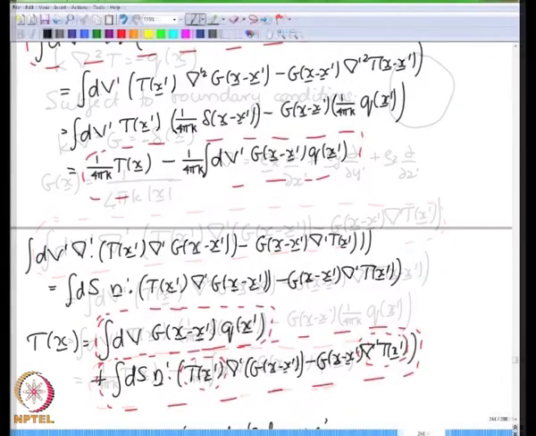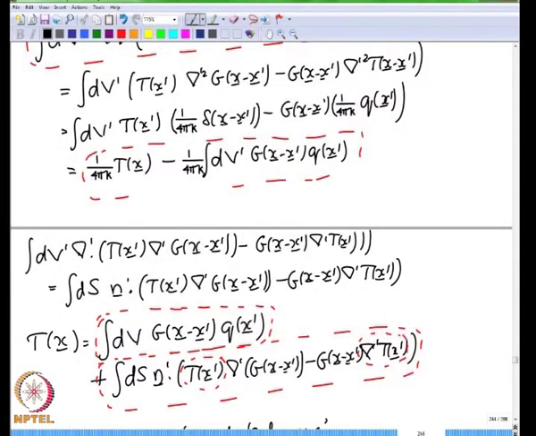So, I get 1 over k times T of x, minus this sources or sinks over the entire domain, is equal to this surface integral.